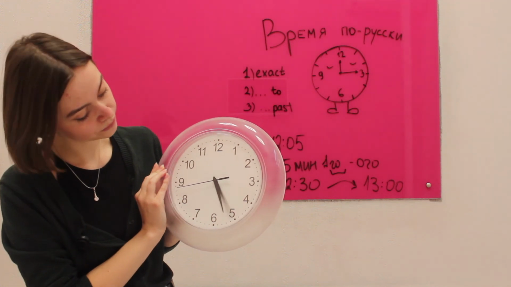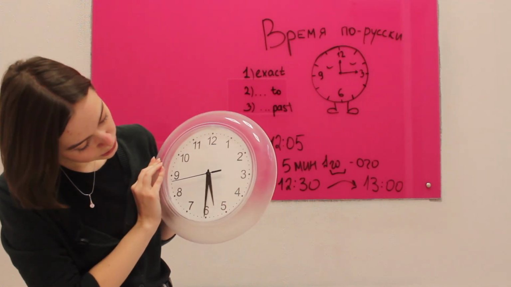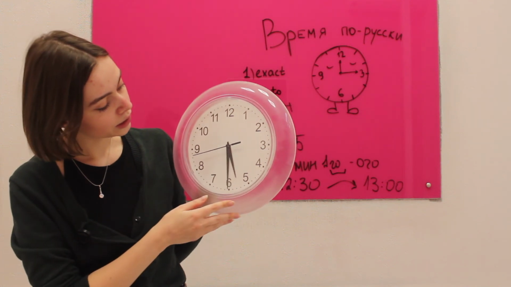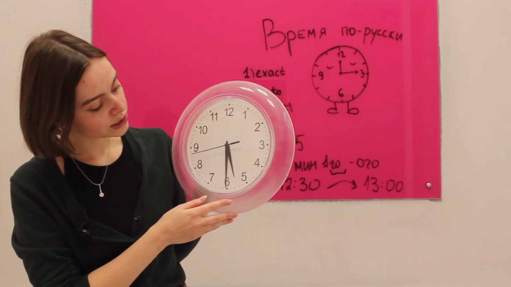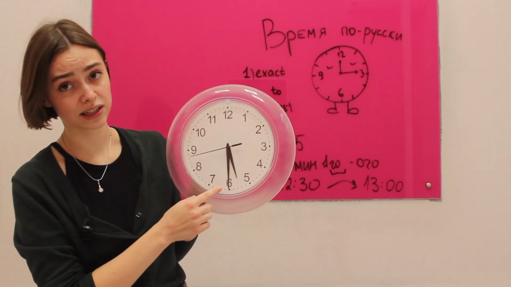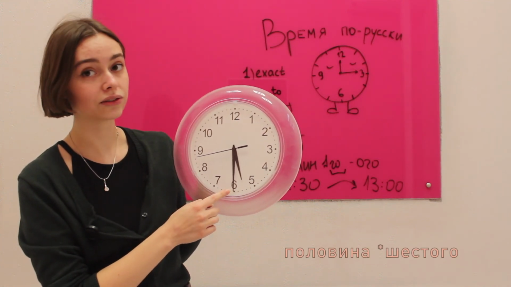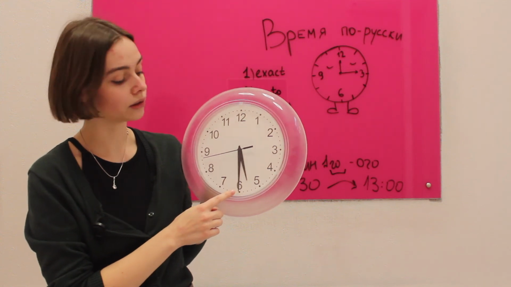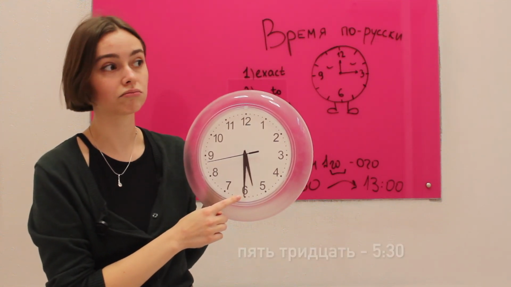And the last one, last but not least, the half. So here we can either say that it's half till 6, половина шестого, or we can just say 5:30.